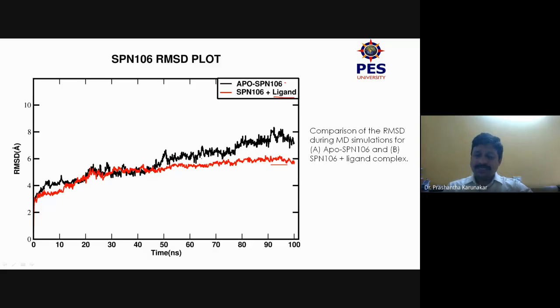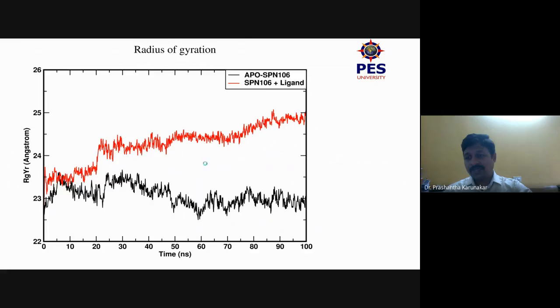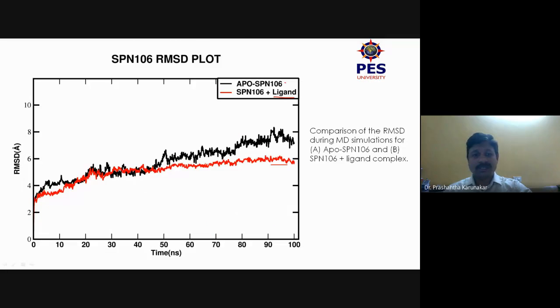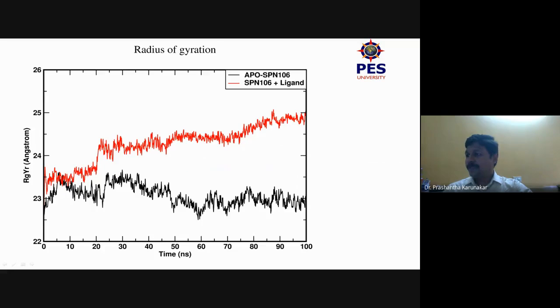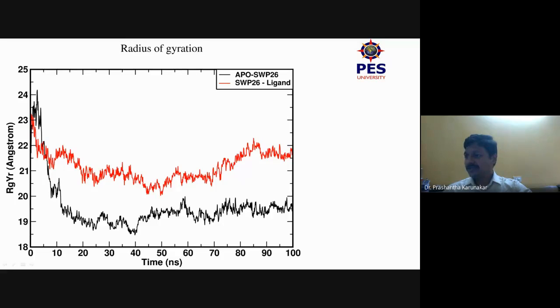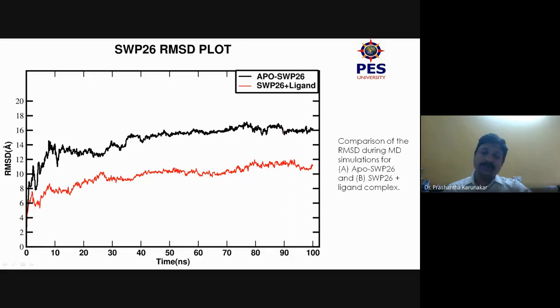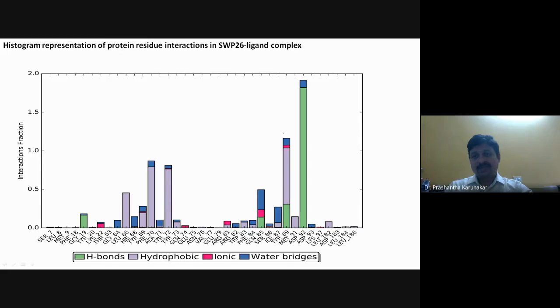Now, which amino acid is actually undergoing more deviation or supporting this deviation to happen? That we will get from the RMSF. Just a second. I think the RMSF of this is not okay. I will just check. RMSF provides the root mean square fluctuation, where exactly the deviation is.